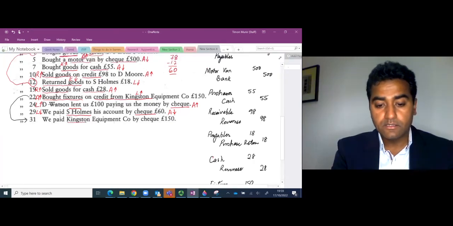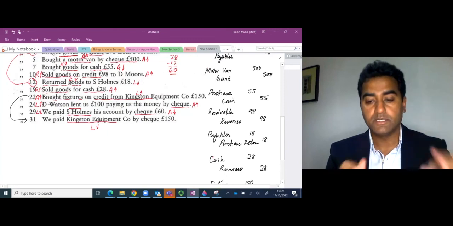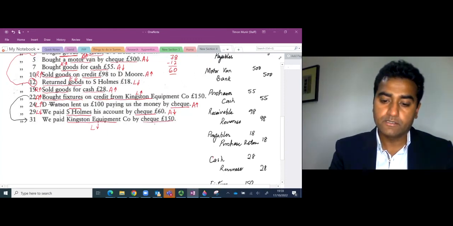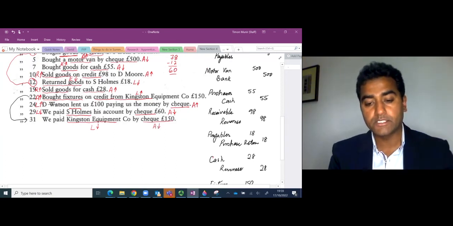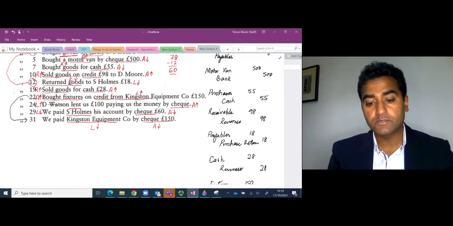So Kingston was my liability, and today my liability is decreasing. From £150 it is going down to 0, and I'm paying by check, which is bank, an asset, and asset balance is decreasing. Very similar transaction to 29th of August.